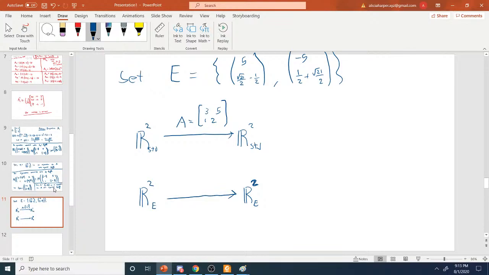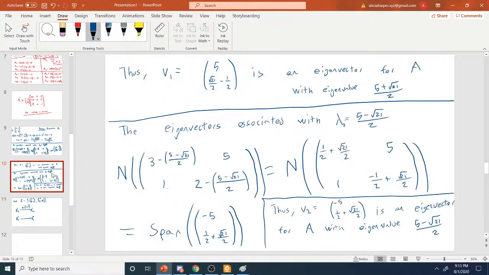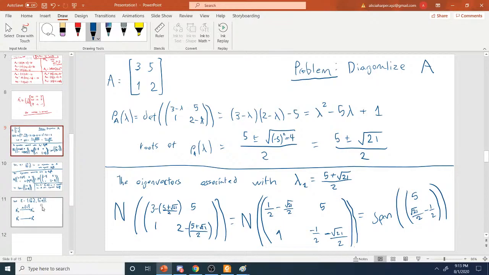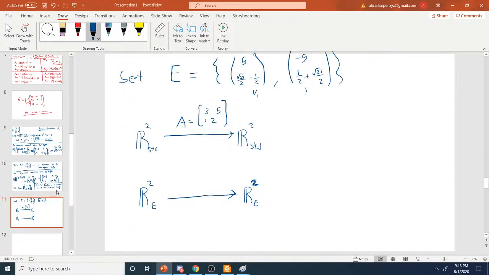And with respect to this basis E, we know how the matrix acts on E. If this is V1 and this is V2, then we know that A V1 is equal to lambda 1 V1, and A V2 is equal to lambda 2 V2.